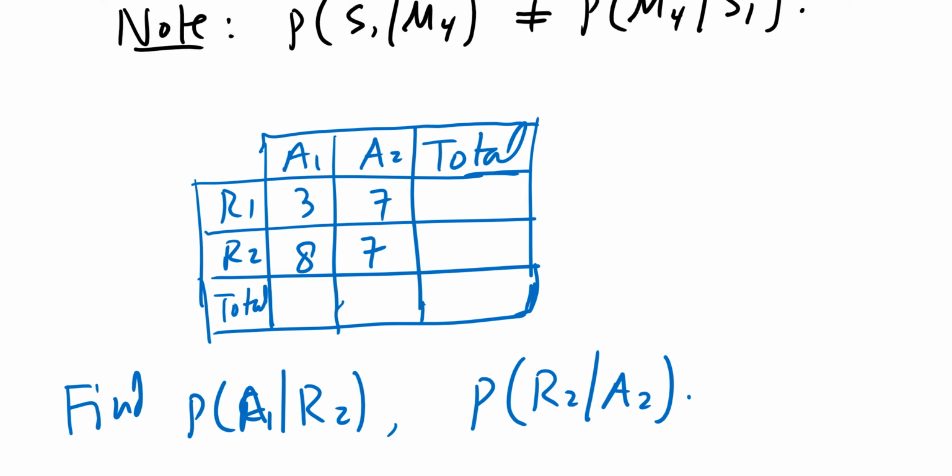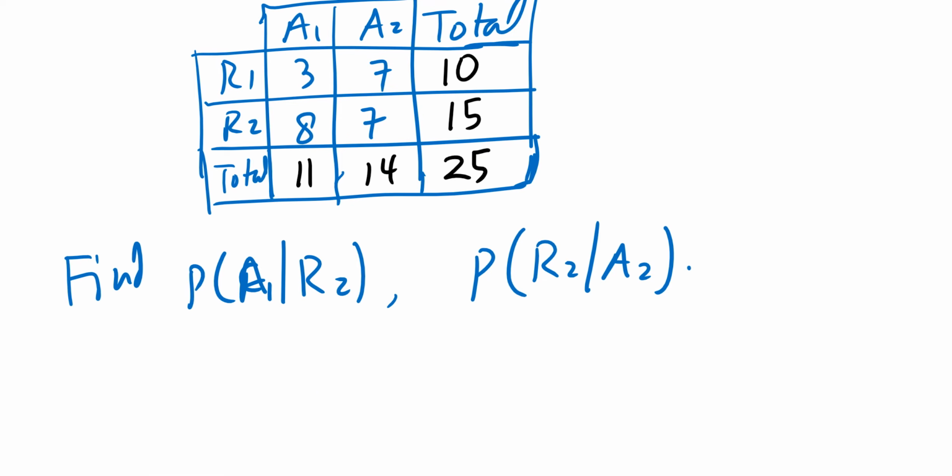The first thing is we try to fill up the whole table. So here, if you add the horizontal 10, this is 15, 11, 14, total is 25, no matter how you add them. So you can convert this into a joint probability table by finding all the probabilities and then do the division.